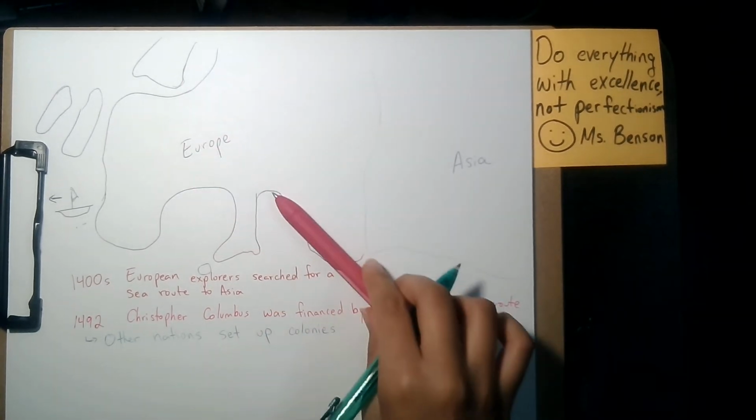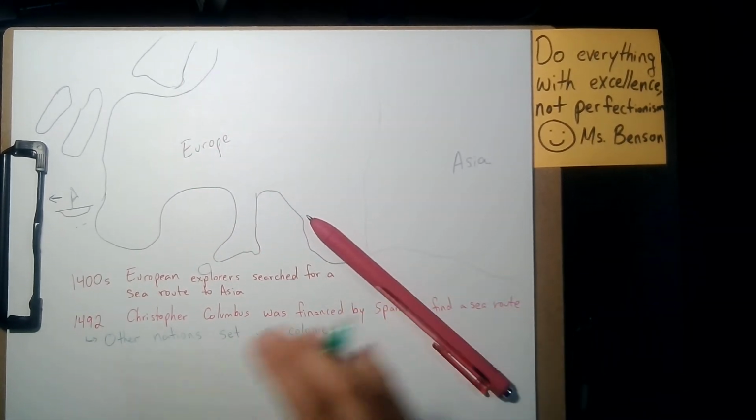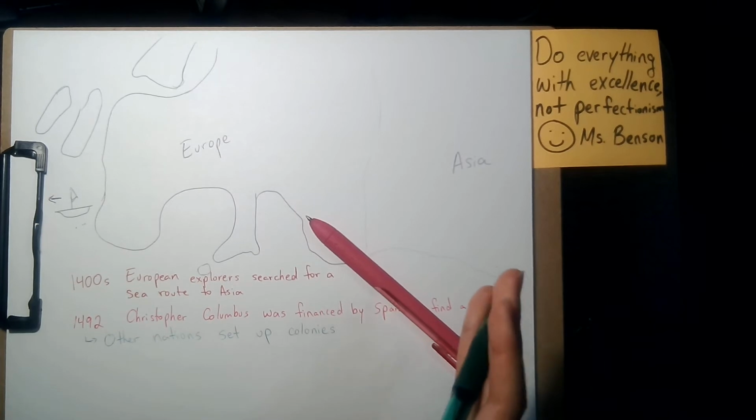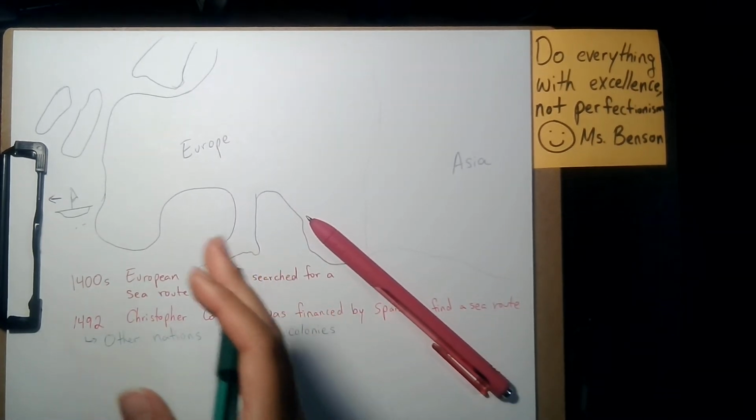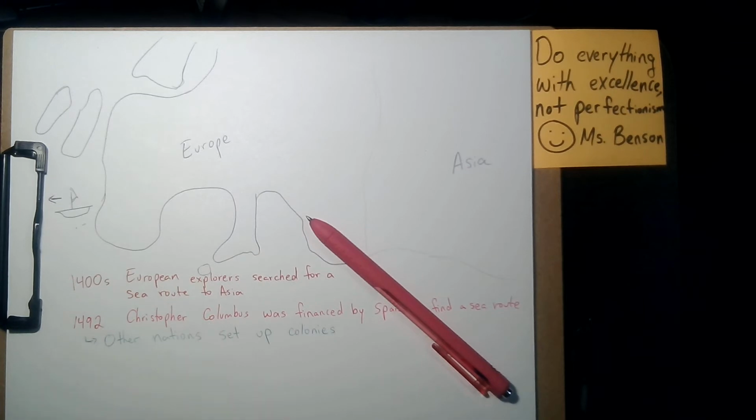Different nations had different approaches. For example, the French were a little bit more laid back. Some people were focused on actually searching for gold. That was Spain's main focus, gold, gold, gold. Other countries wanted natural resources that they had, even certain crops, even certain animals.